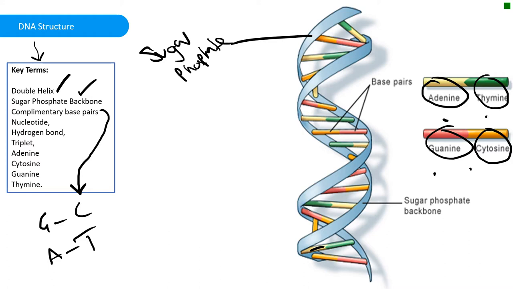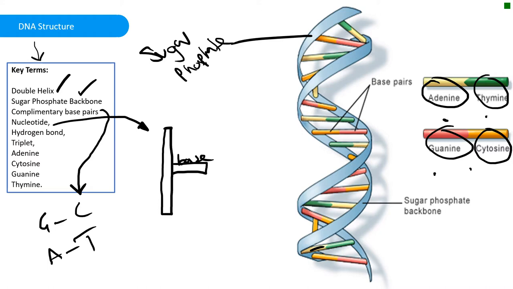So that's fine. Now, one part of the sugar phosphate backbone and one base is called a nucleotide. That is the building block of DNA. So if we were to cut out this bit of sugar phosphate backbone and this yellow base here, that would be a nucleotide.